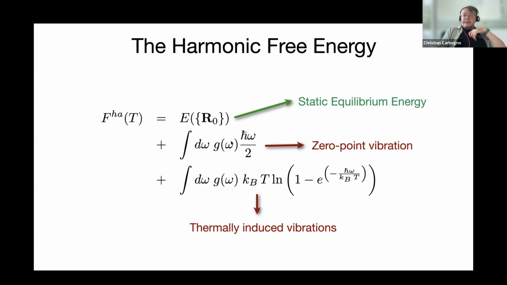So here the density of states allows us to account for each of the harmonic oscillators that is present in our system. And then we have a third term, the thermally induced vibrations, that now also depends on the temperature. We can calculate this in this form because we can solve the equations of motion analytically, and then we can integrate up these equations.